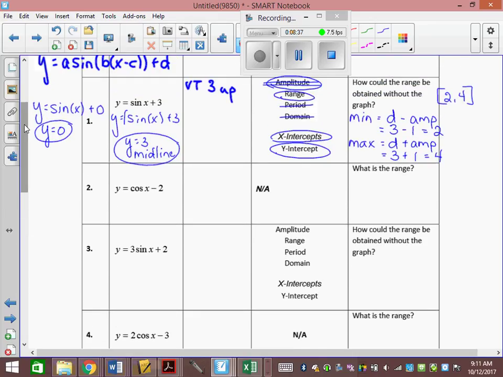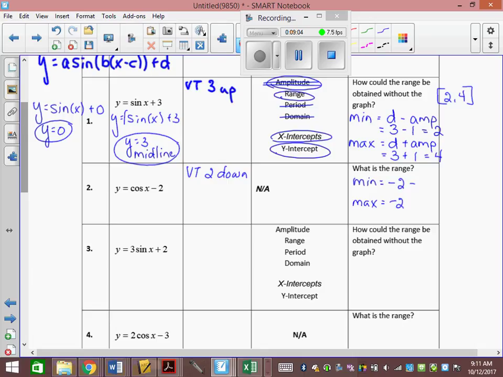So if we look at number 2, what's my transformation? Vertical translation 2 down. What's my range in this case? Well, I get my min. What's my d value, my midline? Negative 2.